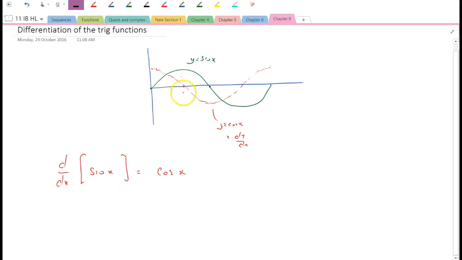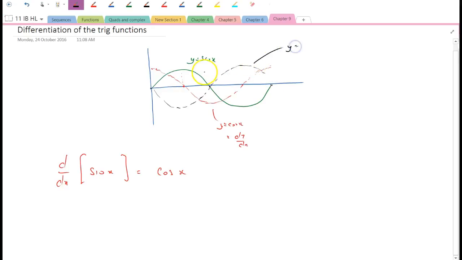It goes negative all the way to there, so it would be negative, and there's a little change in inflection. There's a little point of inflection around here. So I'd be doing something along the lines of this, and then I'd be doing the same over this side. And oh my goodness, what have we graphed here?